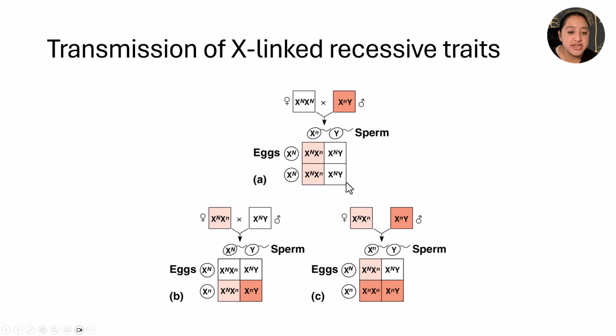And so if this female offspring happens to meet somebody else, and this is this guy's genotype, then if they have kids, this is the possible outcome.